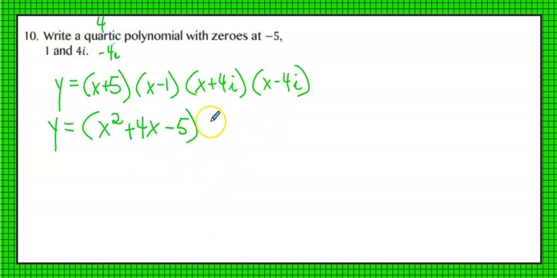These two binomials, x squared, my middle terms cancel, and then positive 4 times negative 4 is negative 16. But negative 16i squared is positive 16. So this is going to be x squared plus 16. I'm going to rewrite this, and I'm going to switch this one to the beginning.